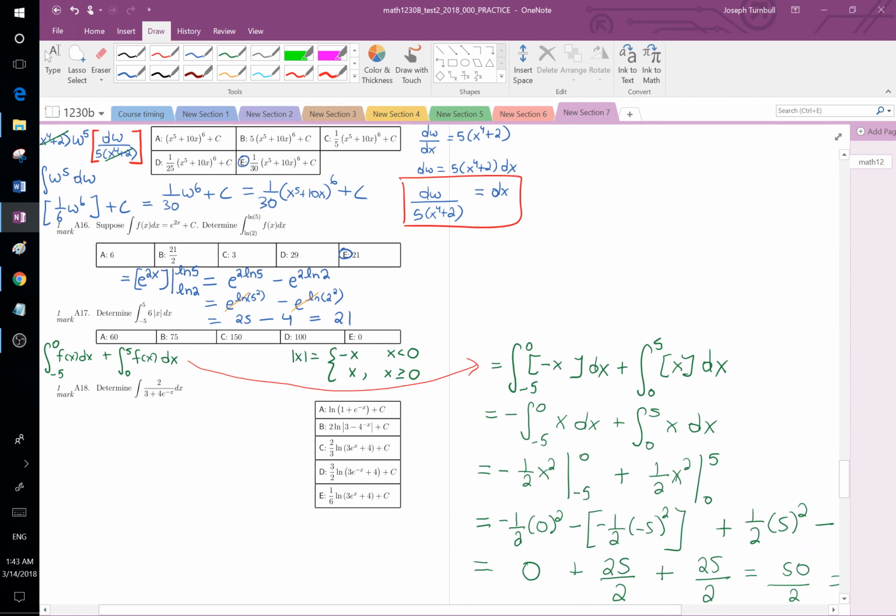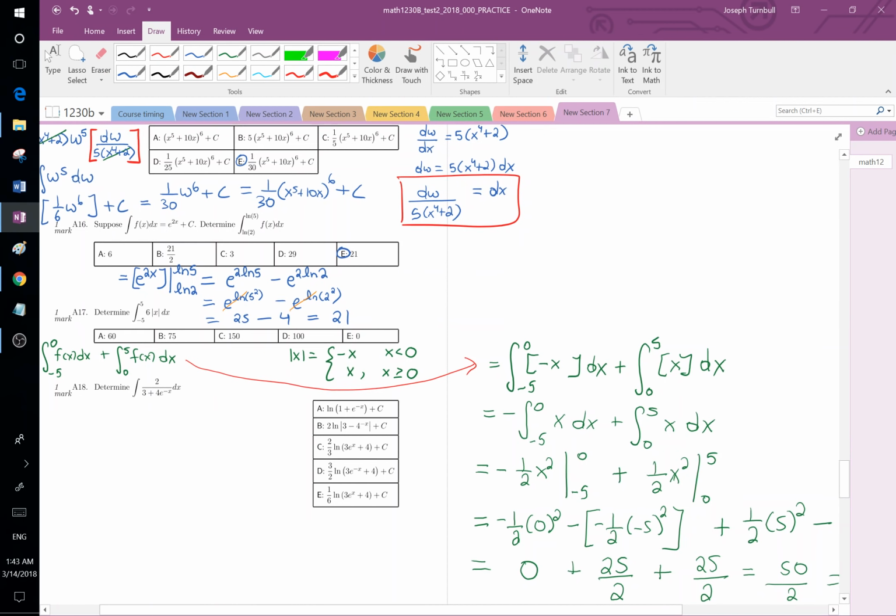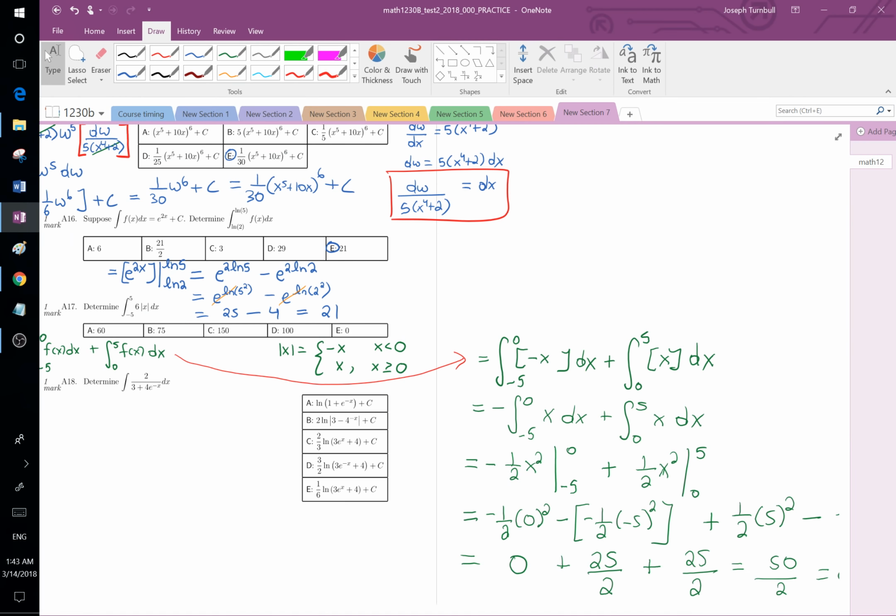Oh, it's not an option. I forgot the 6. I gotta go back and put all the 6's in front. So there's a 6 there and a 6 there. Oops. That's okay.